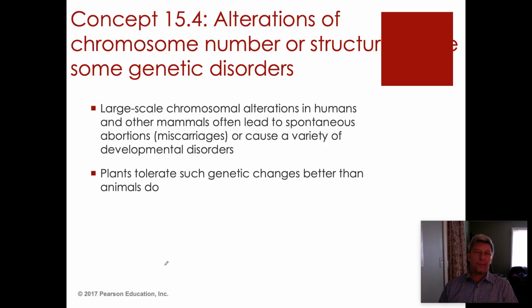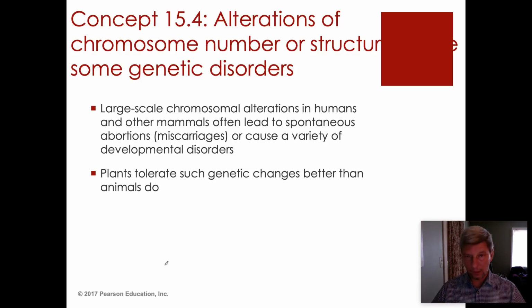We know that under normal circumstances, a fetus is formed during fertilization when 23 chromosomes from the mother and 23 chromosomes from the father come together at that fertilization moment. However, if there is a major change in the number of chromosomes or even the structure of chromosomes, that typically will lead to miscarriages.